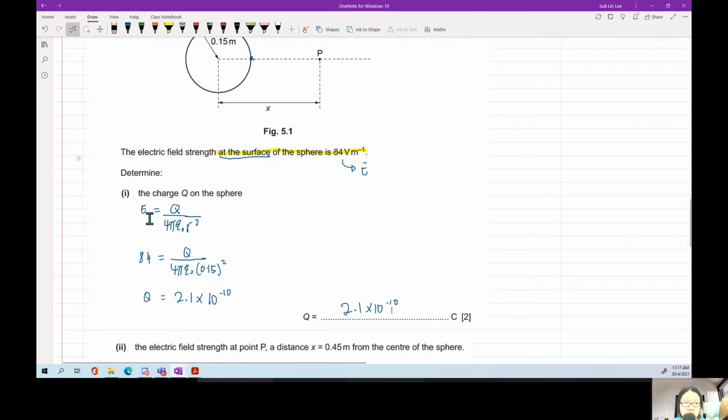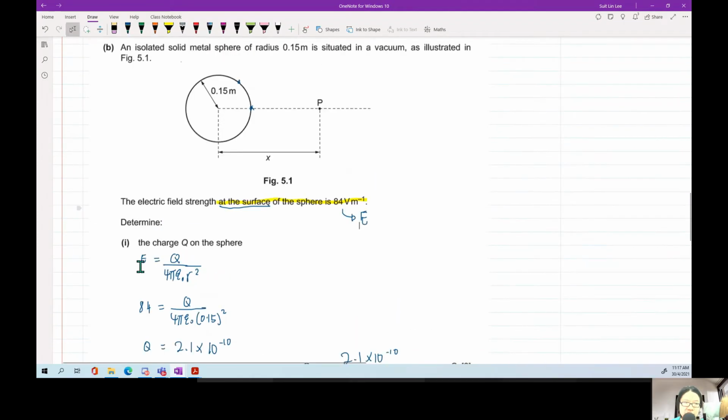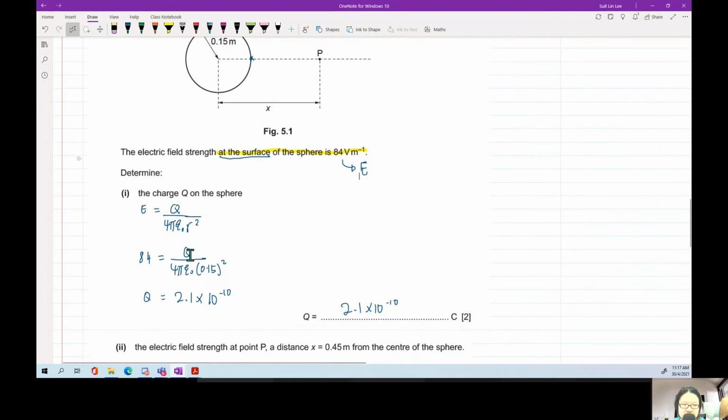So this kind of bonus mark, where you state the equation and you put the values in and get the answer, it is worth it to take 1 minute to just pause and make sure you convert everything to SI and didn't press the wrong constant. Okay, if it will help your brain, you may want to substitute in the constant 8.85 times 10 to the power of negative 12 by referring to the table.